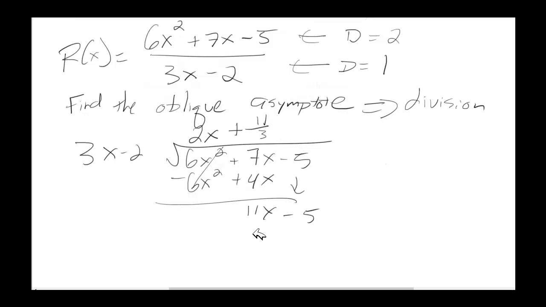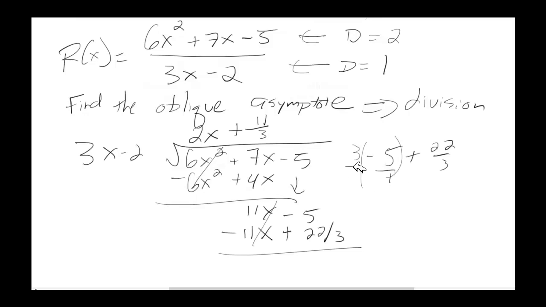So that's going to give me 11x minus 22 thirds. Change my signs and do addition. These guys cancel. And then minus 5 plus 22 thirds, put this over 1. Multiply this by 3, top and bottom, to find the common denominator.